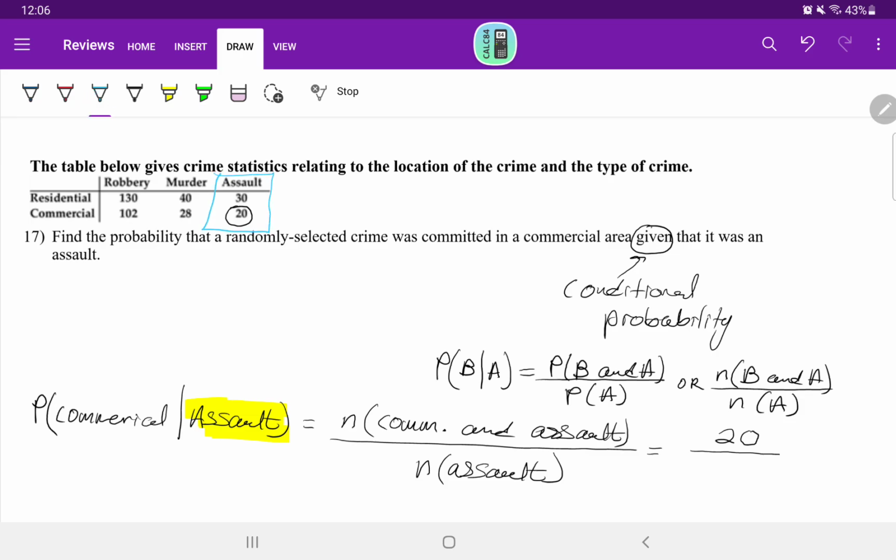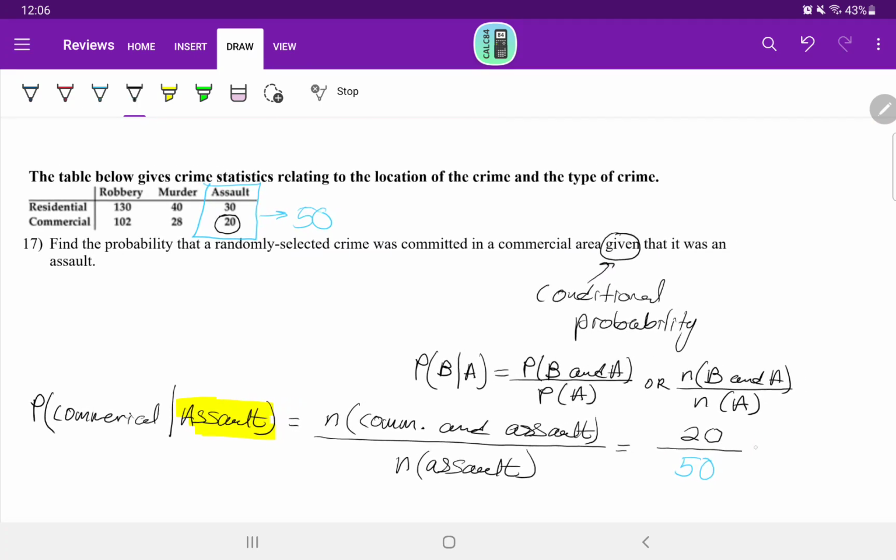How many crimes are assaults? That is 30, that is 20, that is 50. 20 divided by 50 is equal to 0.4. And that is how we answer the question using the conditional probability formula.